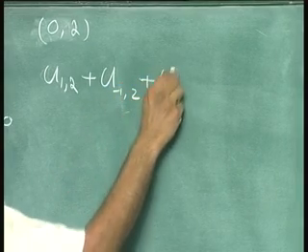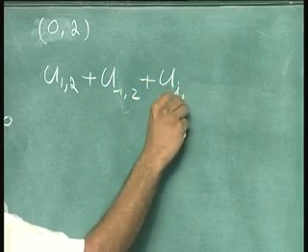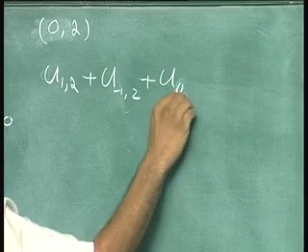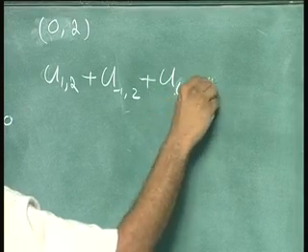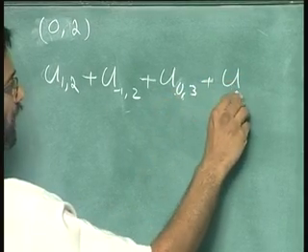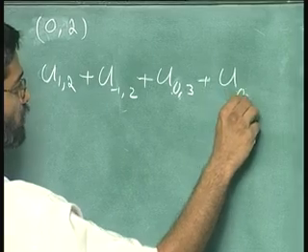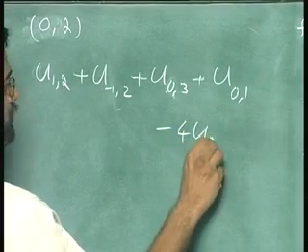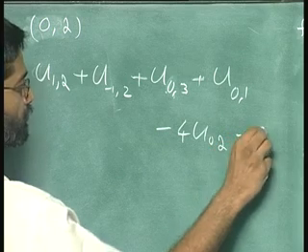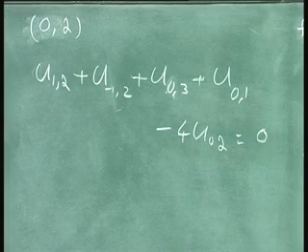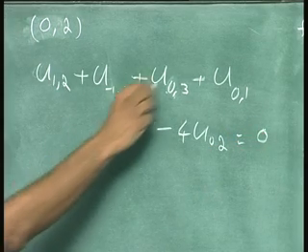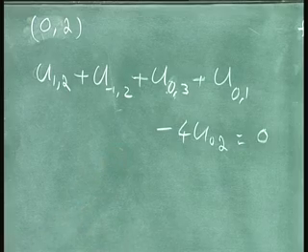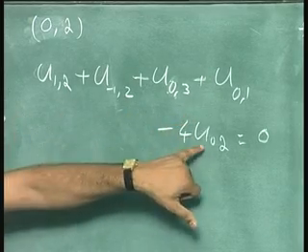Then I had u(i, j+1), that is u(0, 3), and the next point was u(i, j-1), so that is u(0, 1), and minus 4 u(0, 2) equal to 0. That's my equation. So I could be using the method of over relaxation, and I could write this as equal to 4 u(0, 2).